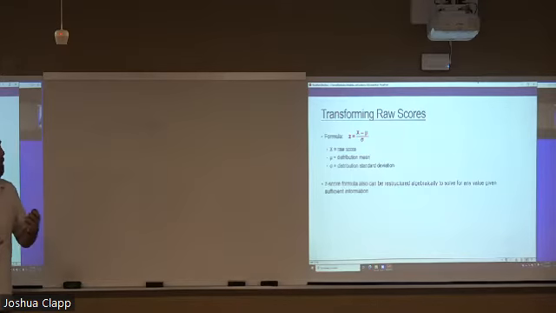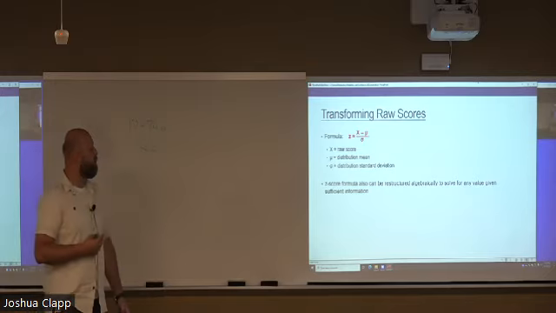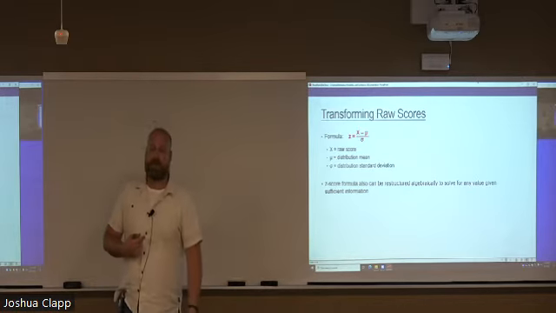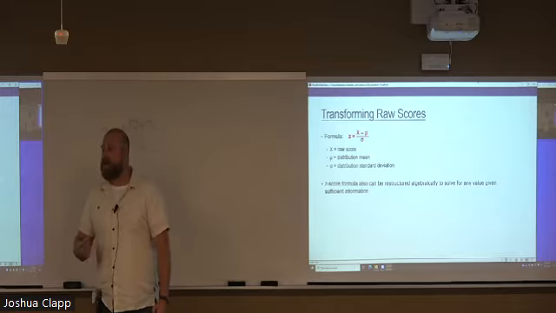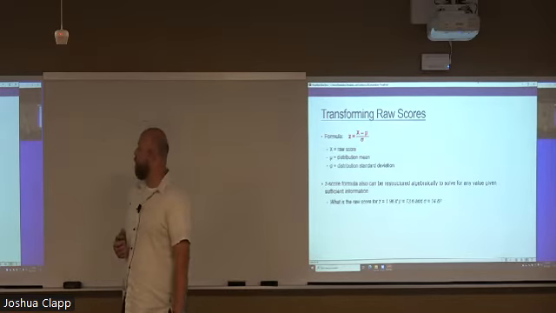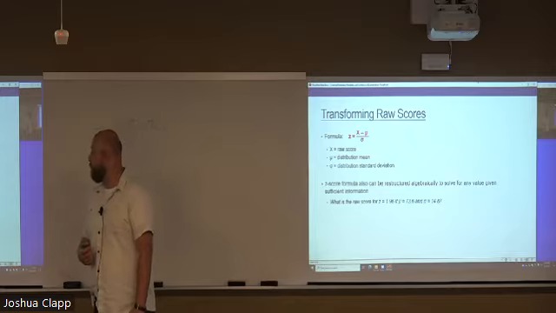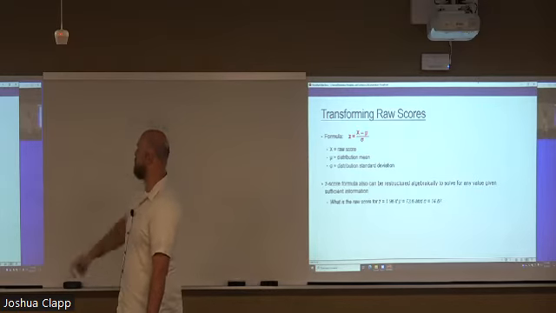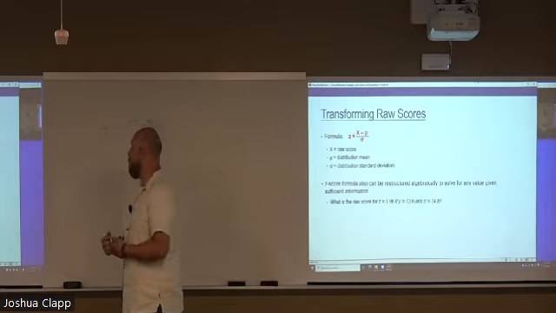Other thing too, with a little bit of algebra, we can restructure this formula to solve for different pieces. So I could ask, what's the raw score for a z of 1.96 if the mean is 73.6 and the standard deviation is 14.8?